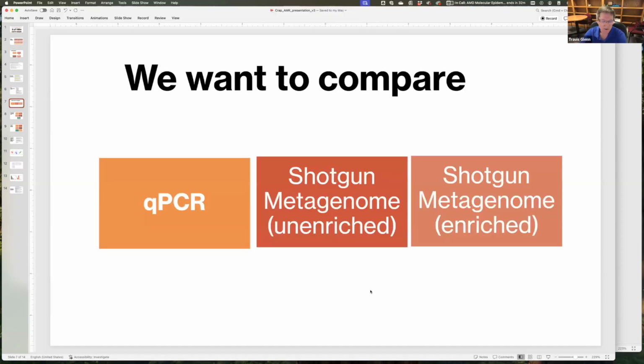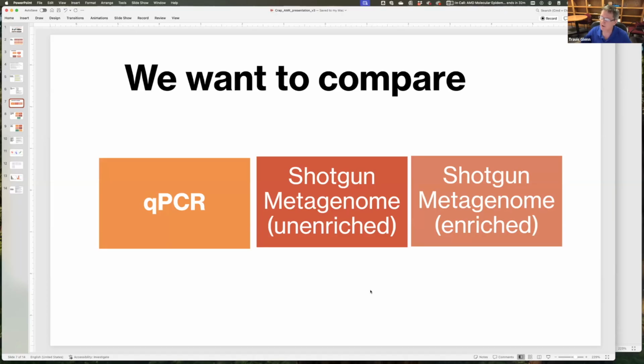But one of the things that we have been trying to do as a bonus activity is, can we use the information that we have from this population sample to get a better feeling for how these technologies, these different approaches to characterizing AMR genes, what we would interpret from this population.